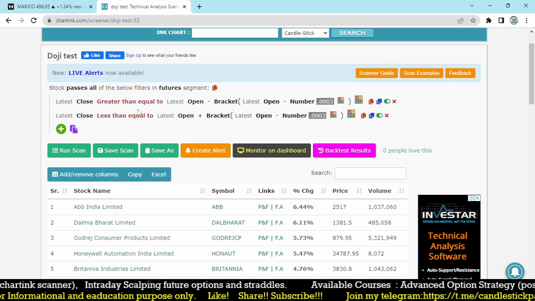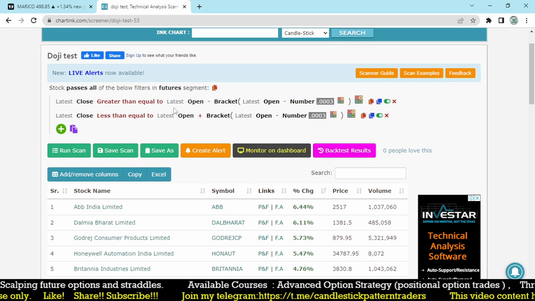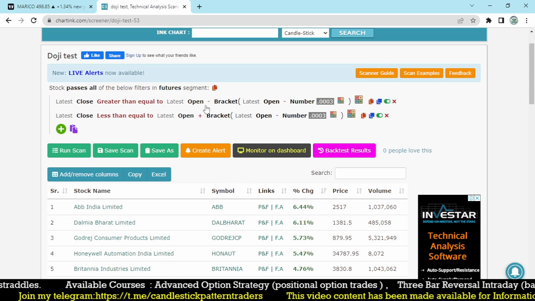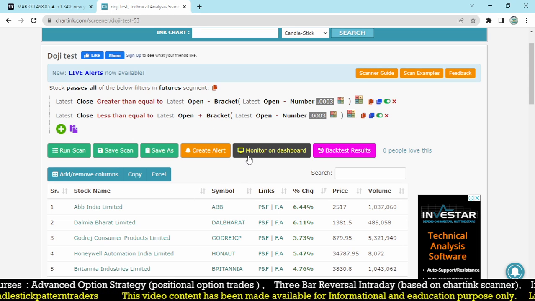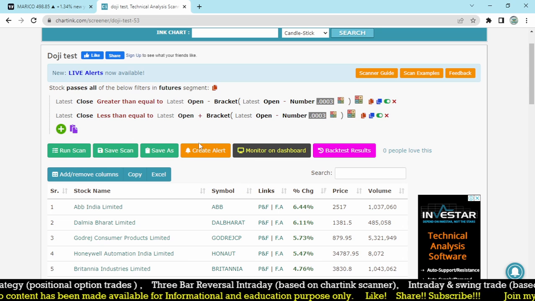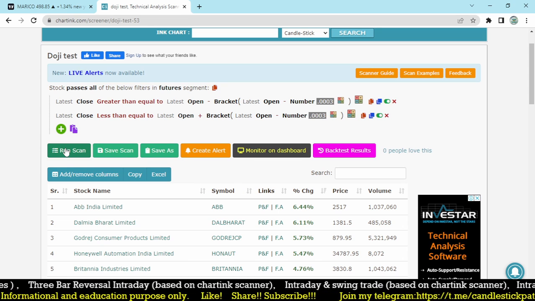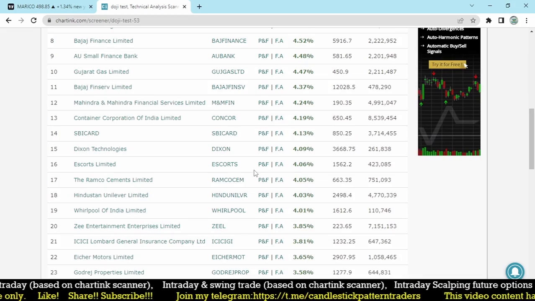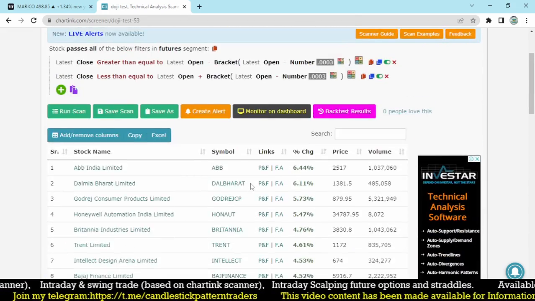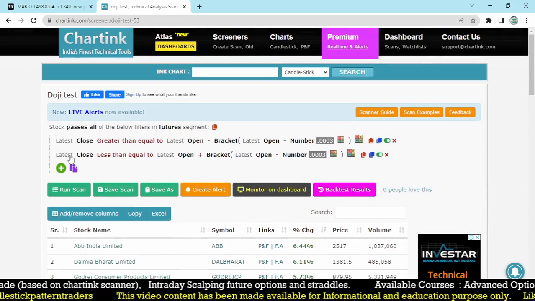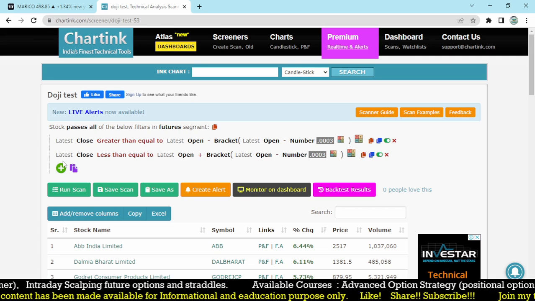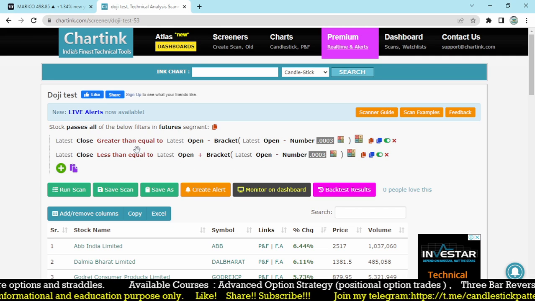Latest close greater than. This will give you some confusion. Open bracket, open multiplied by 0.03, everything right. Why is it showing a lot of stocks?